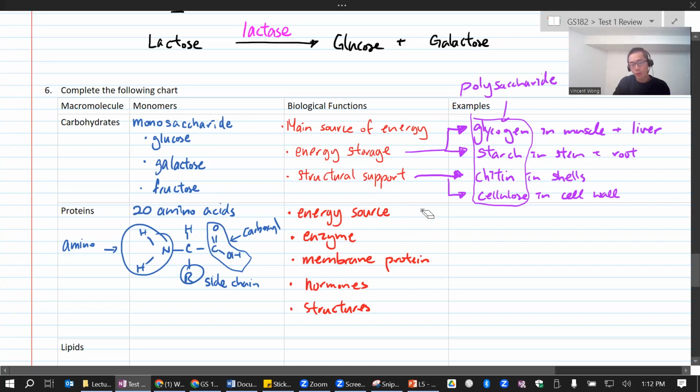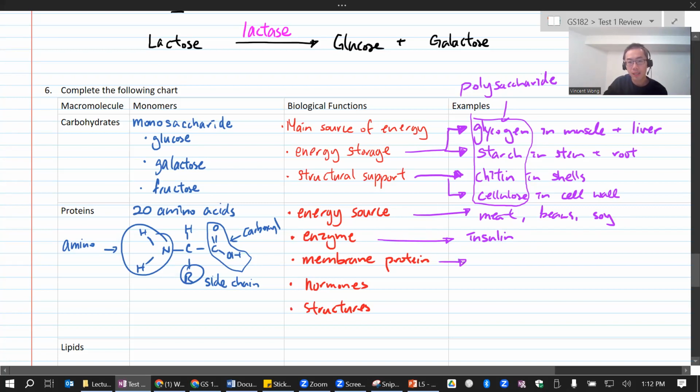So energy source is just like from meats, right? Meat, beans, soy products. Enzymes such as insulin, it helps you absorb sugar from the blood afterwards.